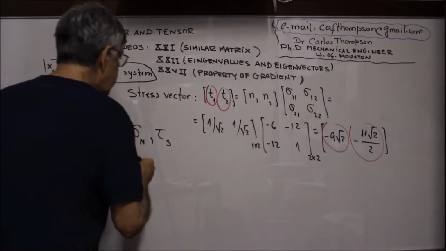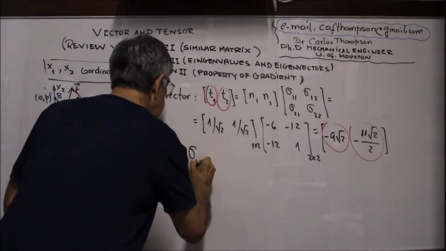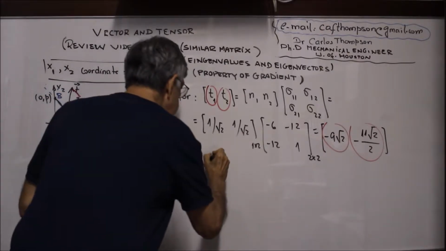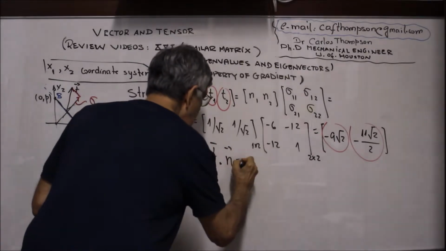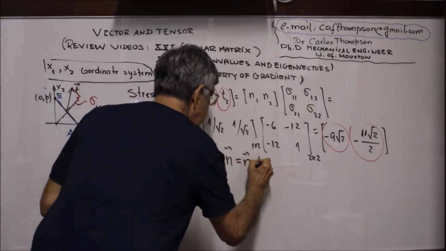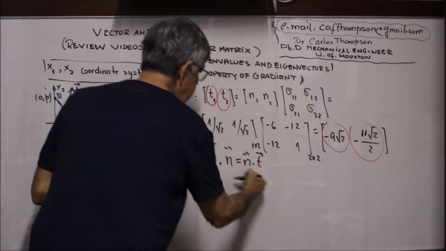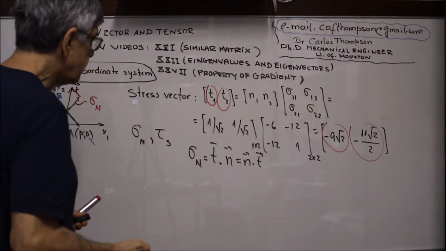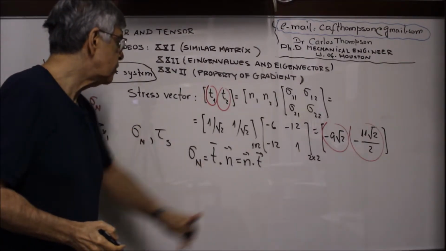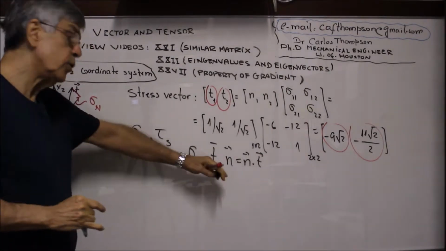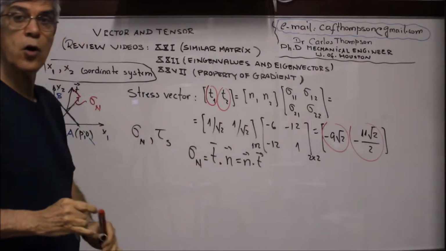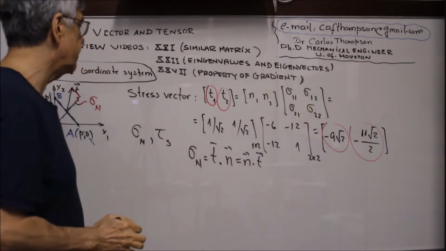So sigma n is the dot product T dot n, or n dot T, because they are vectors. For a dot product of vectors you can permute, but you cannot do this if you have a second order tensor. This is not valid.